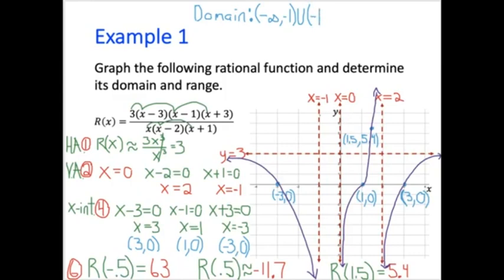And then we have this little region from -1 to 0 where we have another vertical asymptote. So we do not include 0. We're going to put a parentheses there. And then we're going to pick up and continue. And then we go from 0, we follow our graph from 0 all the way to the vertical asymptote x equals 2.